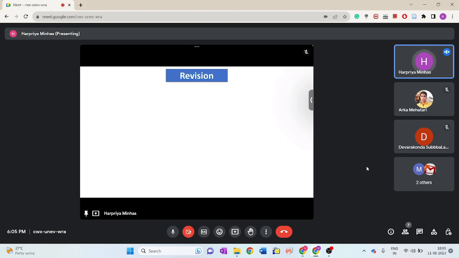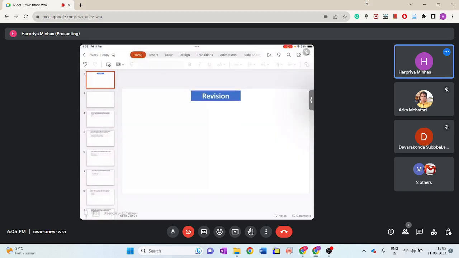Okay, so before delving into the question session, let's revise the formulas that we are going to use in this assignment's questions.